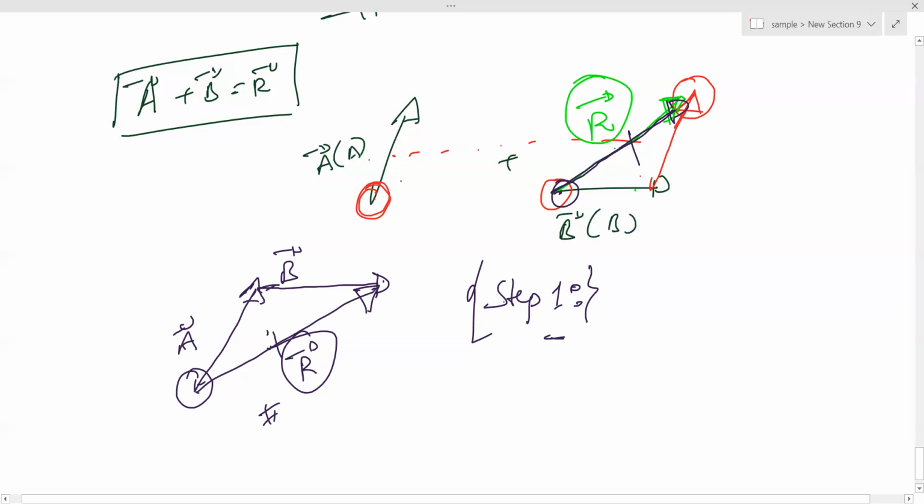And arrange them in such a manner that the tail of one vector is on the head of another vector.